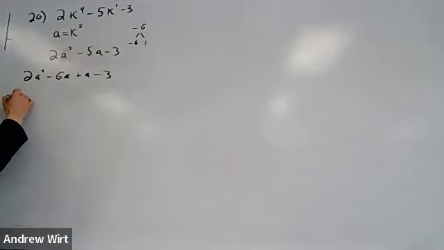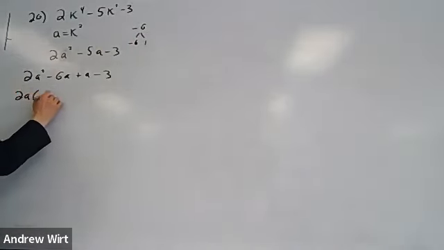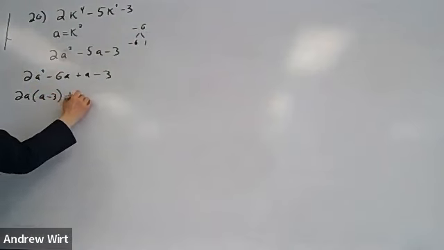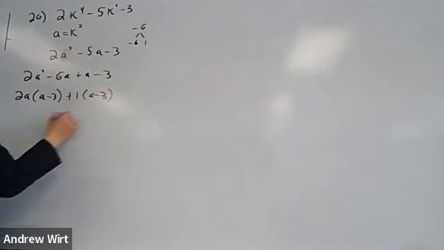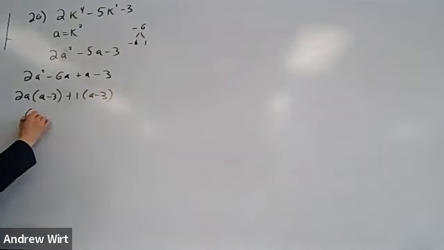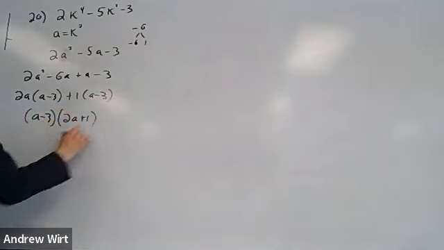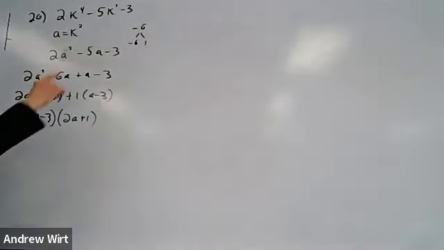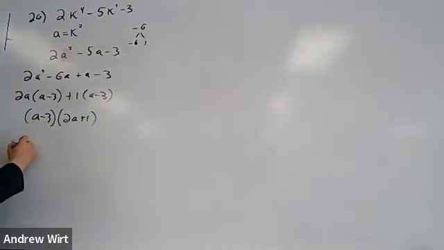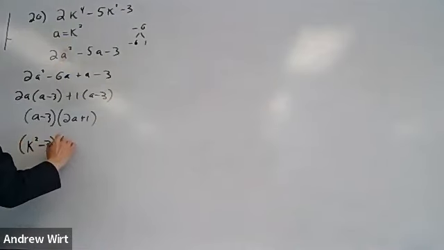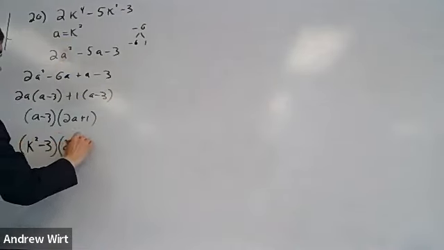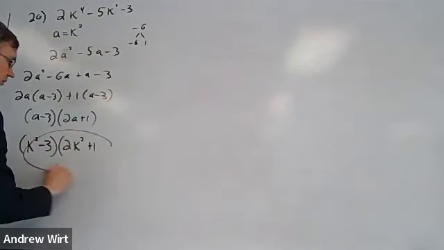Now the first two I can factor out 2a, get a minus 3 plus 1 times a minus 3. And that gives us a minus 3 times 2a plus 1. Now we'll just back substitute, stick the k squared back in there, and we get k squared minus 3 and 2k squared plus 1.